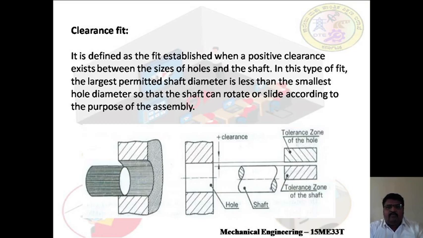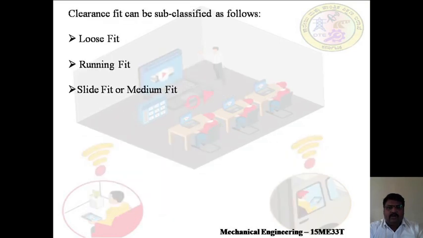In this type of fit, the largest permitted shaft diameter is less than the smallest hole diameter, so that the shaft can rotate or slide according to the purpose of the assembly. So that is clearance fit. The clearance fit can be subclassified as loose fit, running fit, slide fit or medium fit.